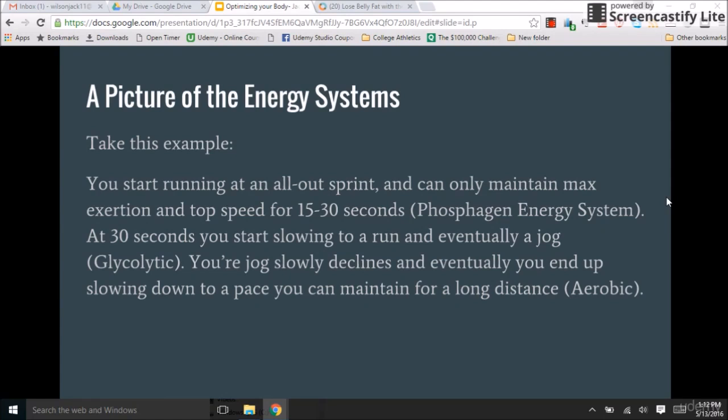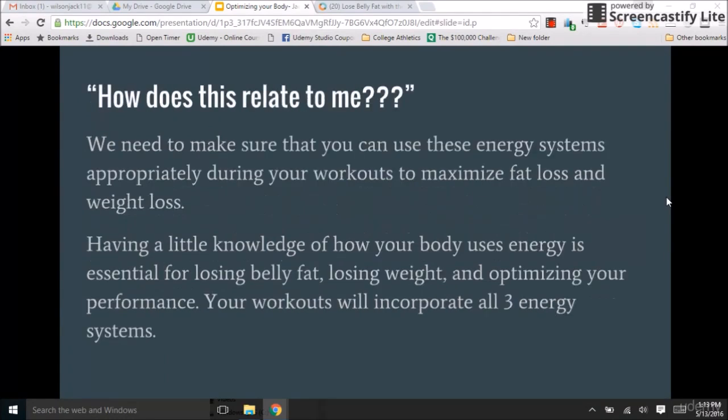And that's when your glycolytic system will kick in. So you'll be able to run or jog at a decently high intensity for that period of time. And then eventually your jog or run might slow to a walk or a very slow jog, which would be using your aerobic system, so that you could keep going for longer than that last 2 minutes of the glycolytic system.